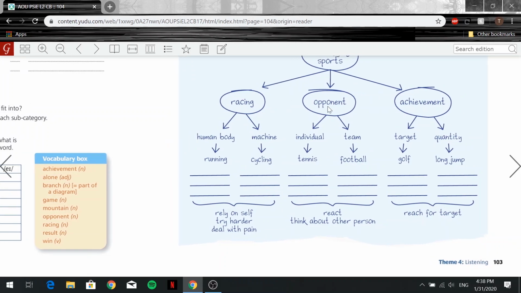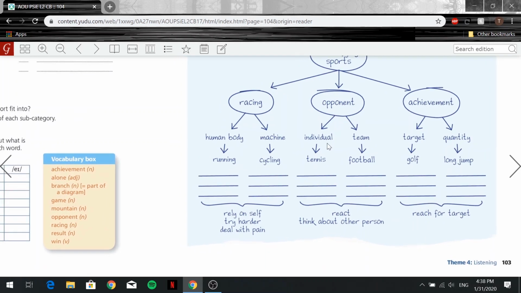Then we have opponent. So for opponent sports, we have individual and team. So opponent here does not mean an enemy in a sense that you have to kill somebody. Okay? It's basically competition. Okay? Either friendly or not friendly, but there is no killing involved at all.